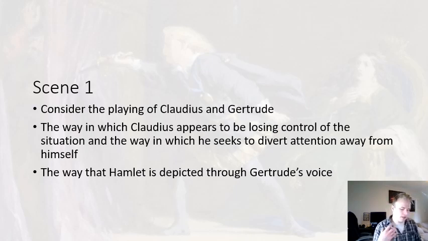So it's clear that Gertrude is disturbed at this point, often looking dishevelled. "There's matter in these sighs, these profound heaves, you must translate." Claudius doesn't understand the metaphor here, suggesting that he needs her to clarify the position, that there's that unawareness of the reality.